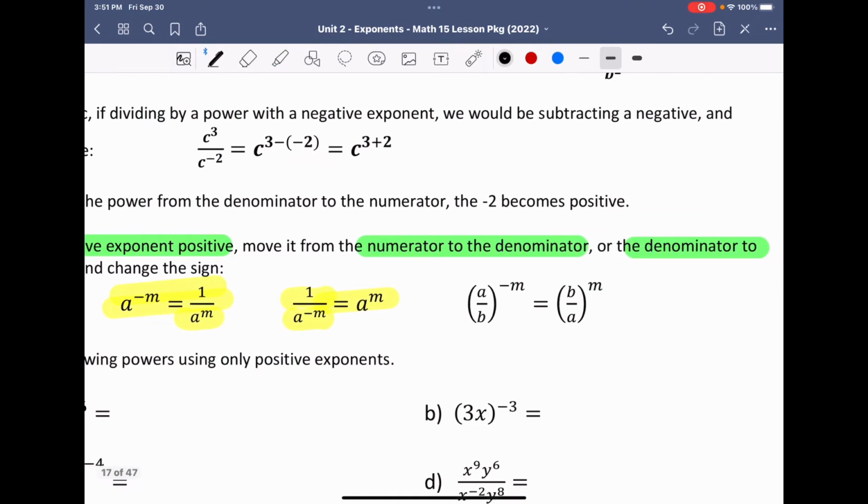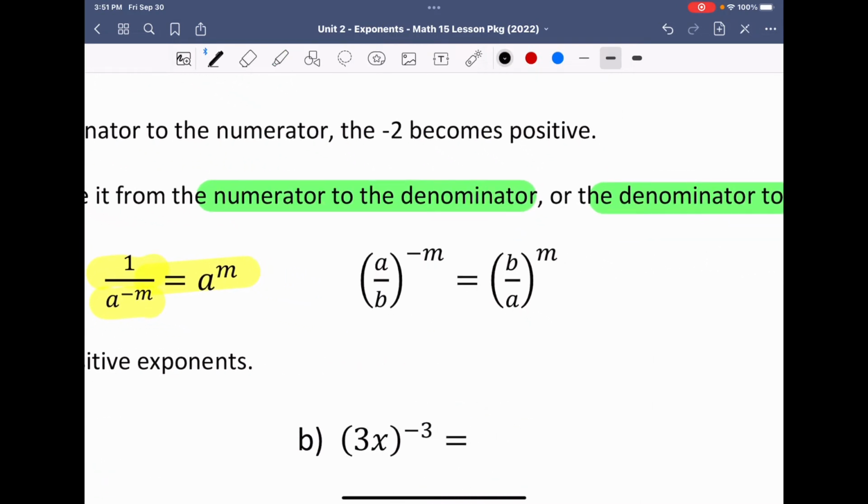Now, this is no different than if we had a rational number. Suppose this a over b is rational, which we denote by Q from number sense. Suppose this a or b is rational. Then we can say that a over b to the negative m means that we have a distribution of this.